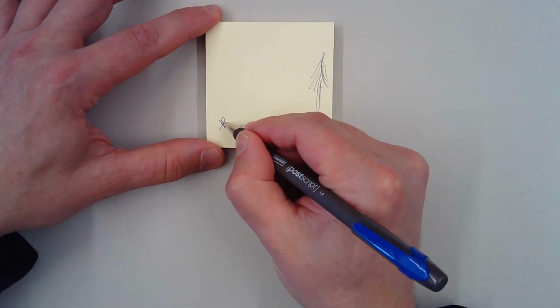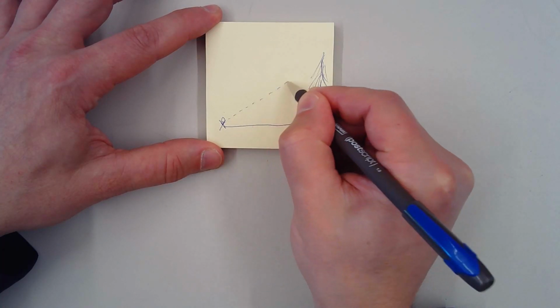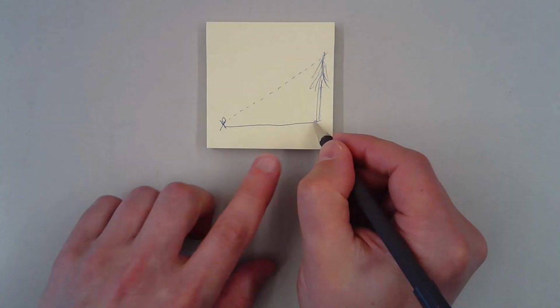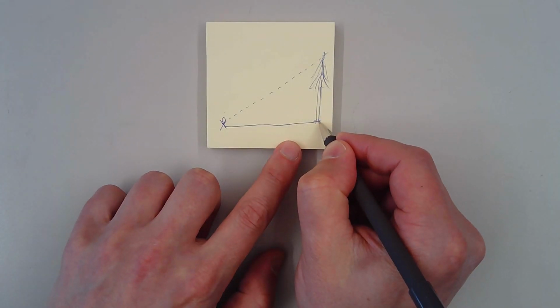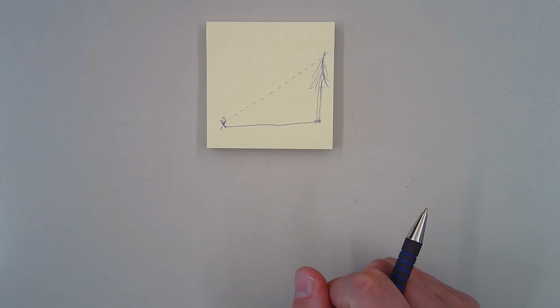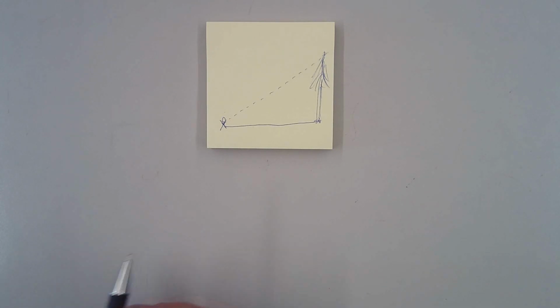You can figure out the angle looking to the top. So let's say you walk away from the tree. You start at the tree and you use a measuring tape and you go right to the end of the measuring tape. How long are measuring tapes usually? Anybody know?